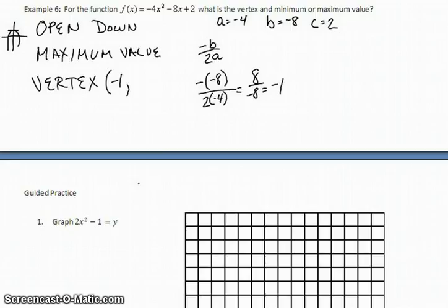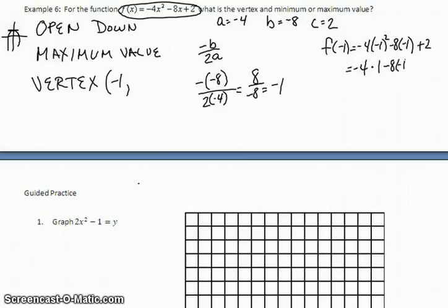Substituting that in to my function, I will have f of negative 1 equals negative 4 times negative 1 squared minus 8 times negative 1 plus 2. Negative 4 times a positive 1, which is negative 1 squared, minus 8 times negative 1 plus 2.